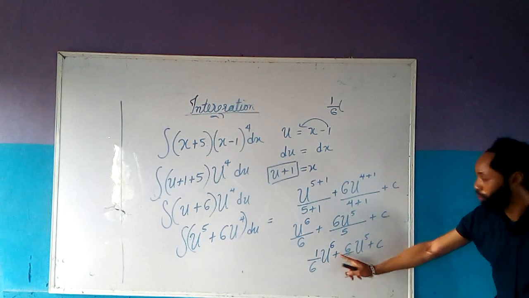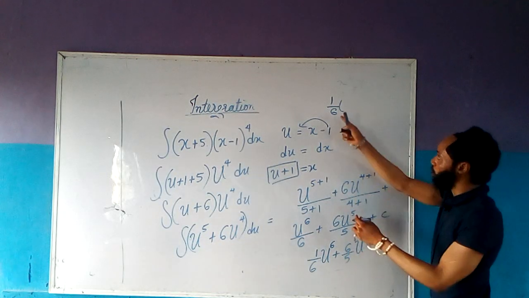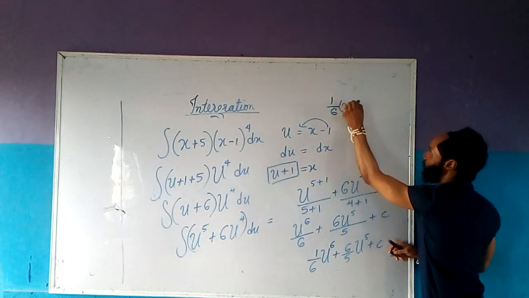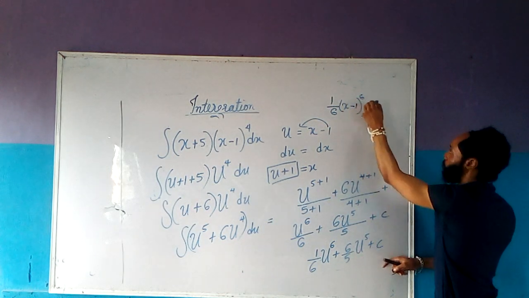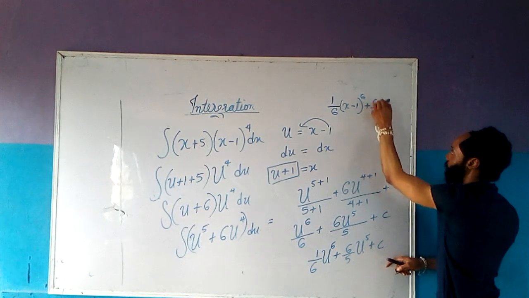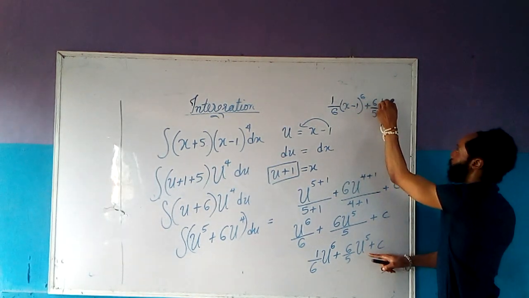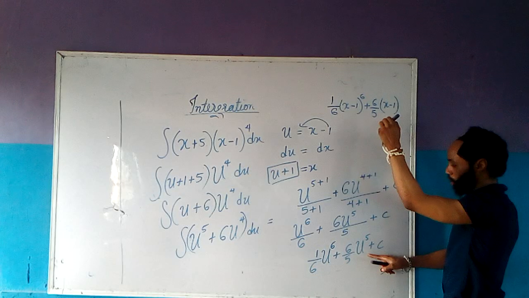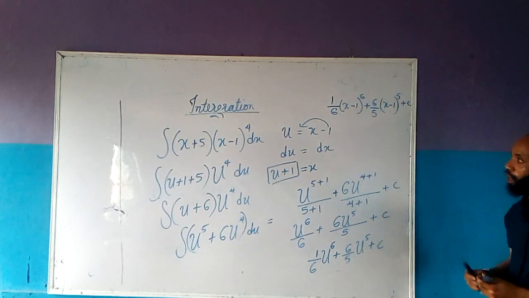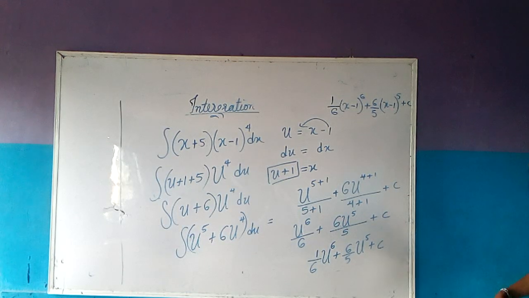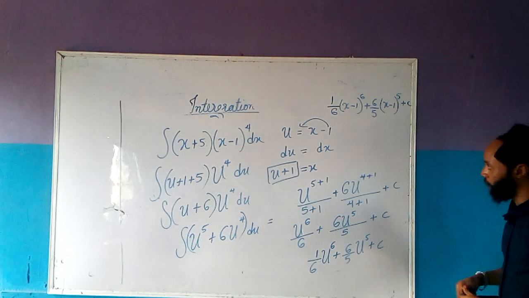We don't forget that. I'm sorry, I left that out. 1 over 6, so we have (x minus 1) all raised to the power 6, plus 6 over 5, still (x minus 1) all raised to the power 5, plus c. Now, that's our answer.